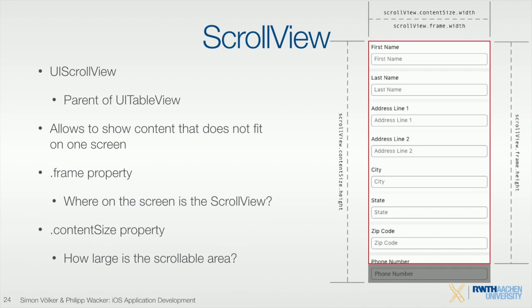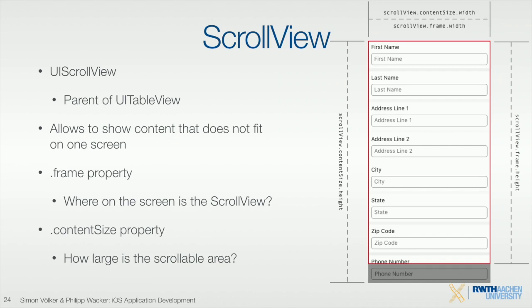And the content size property is how large the information inside my scroll view is. As soon as it's larger than the frame of the scroll view, it will automatically be able to scroll through that.